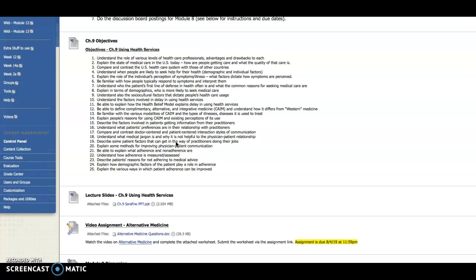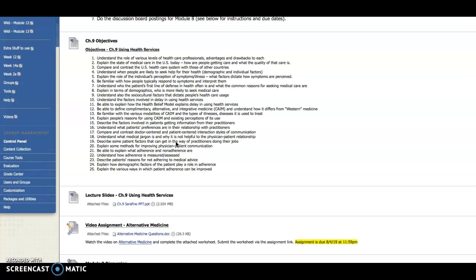We'll also be taking a look at complementary, alternative, and integrative medicine, otherwise known as CAME, and we'll understand how it differs from Western medicine or modern American medicine and how it can be used. So getting familiar with the various modalities of CAME and the types of illnesses and diseases people are using it for to treat.